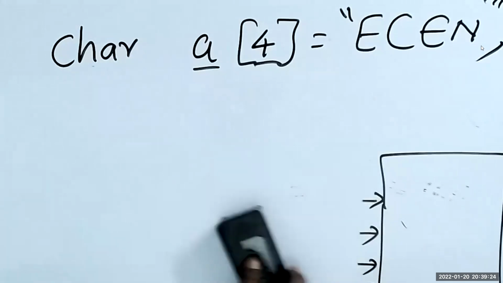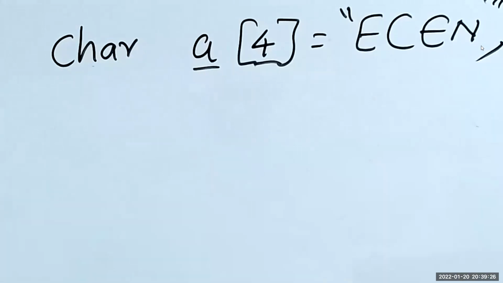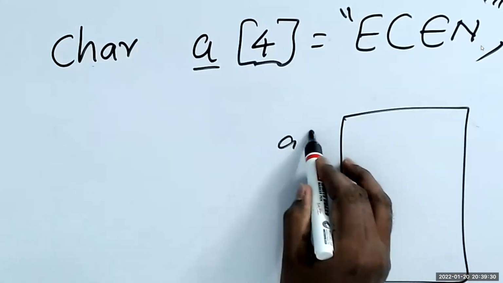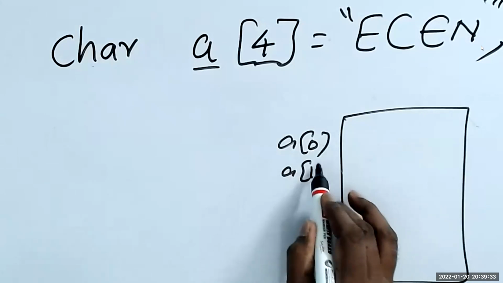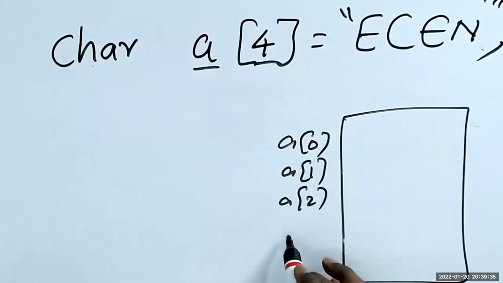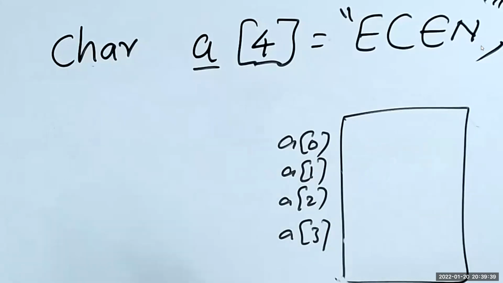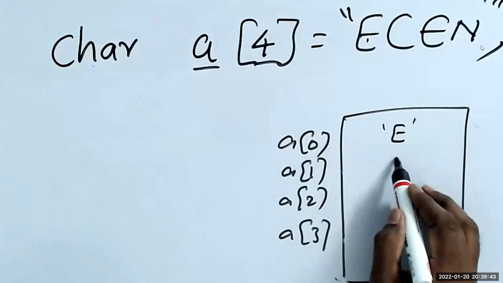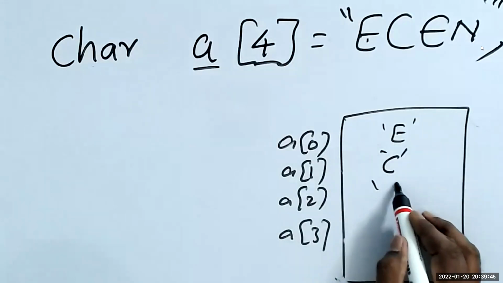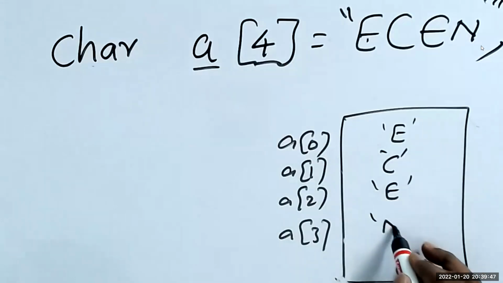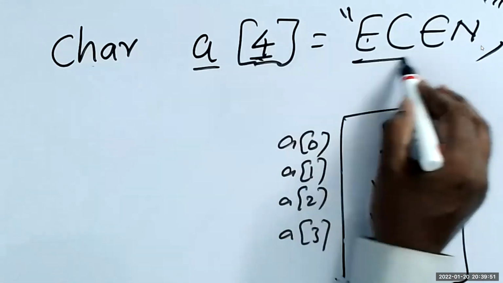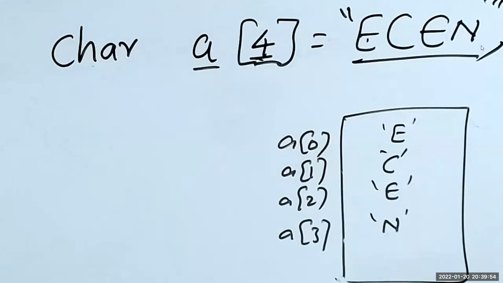Since I put a zoom, I just wanted things to be clear. Now it puts E here, C here, E here, N here. That's fine because you have 4 allocated and 4 characters. Everything is fine.